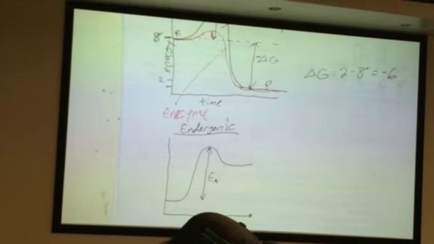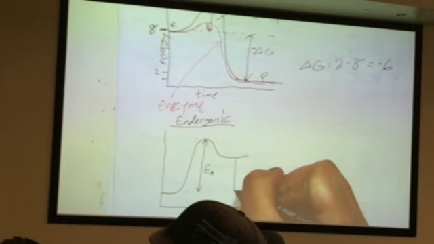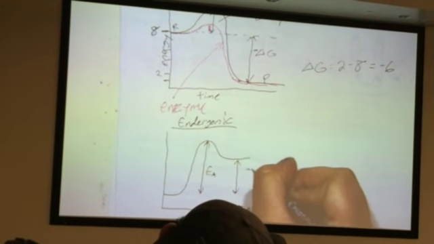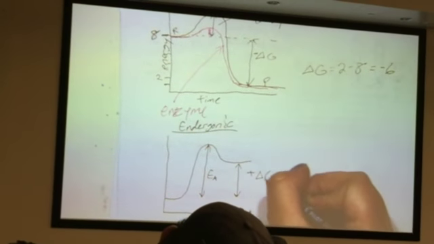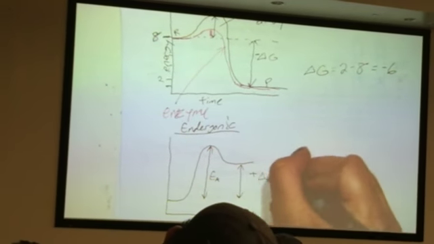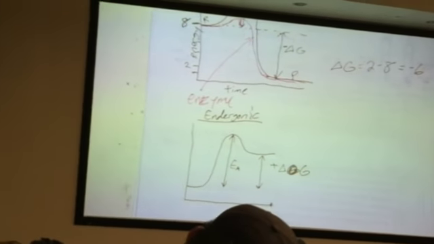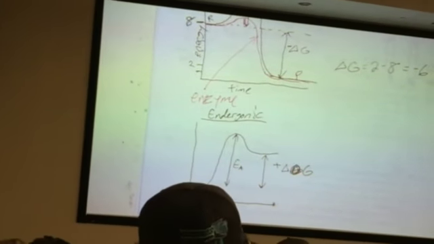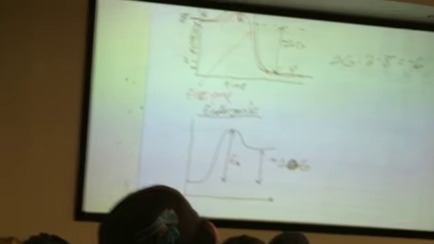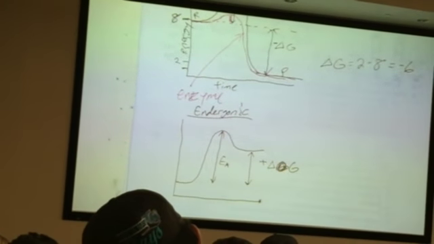You see? And then the delta G here is positive. Yeah, the positive delta G, and it's a super high activation energy, which is why it requires an input of energy, and it's not supposed to.